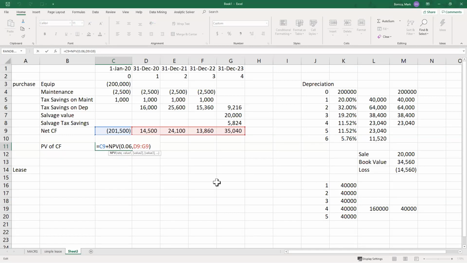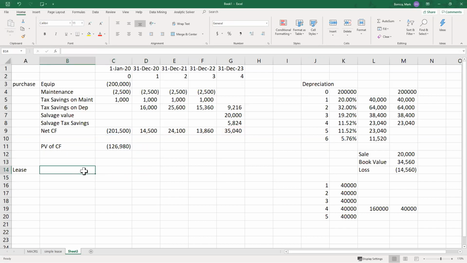All right. So now the lease. The lease option is we pay $57,000 a year in advance, and that's it. No maintenance cost, no depreciation because we don't own it. So lease payment.